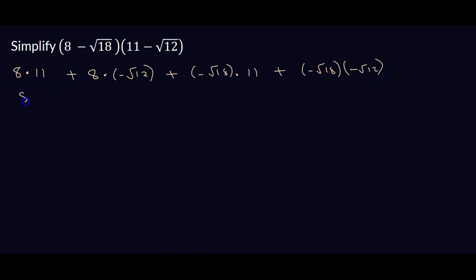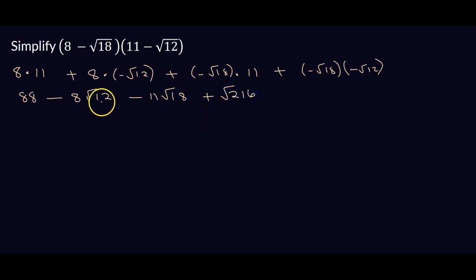So this is going to give us 88. This is a minus sign here, so it's going to make the whole thing minus. So this is going to be minus 8 square root of 12, then minus 11 square root of 18, plus the square root of 216.